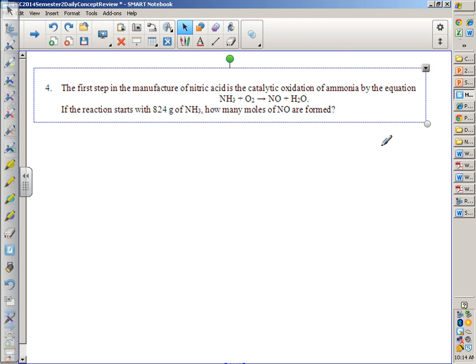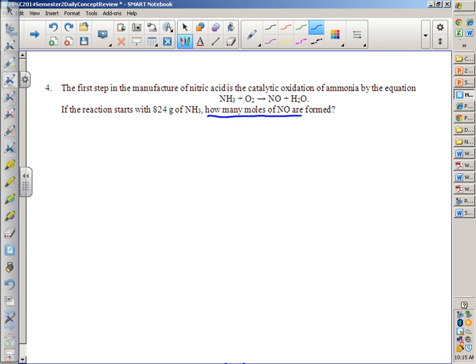Okay? Seeing as how we have about 5 minutes left until the period, I'm going to walk through this, okay? I usually ask you guys for questions, but I'm not going to in this case. I'm just going to tell you what I'm doing, okay? So I want to get through this before the end of the period. Alright. First, what are we looking for? It says, how many moles of NO are formed, right?